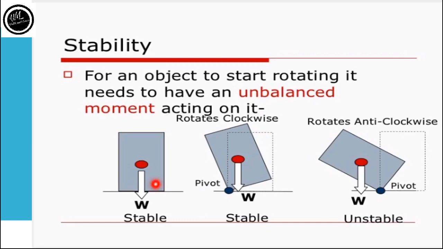Let's see an example here. This is a block that is shown in a figure. This is the base of the block. This red point here represents the center of gravity. And this is the line of the center of gravity, which is passing through the base of the block. Now the body will remain in stable equilibrium as long as the center of gravity acts through the base of the body.